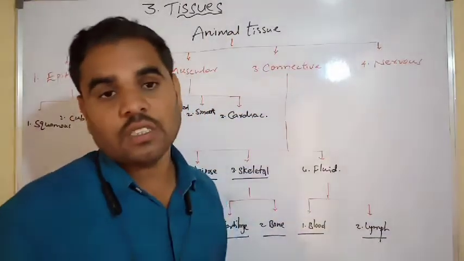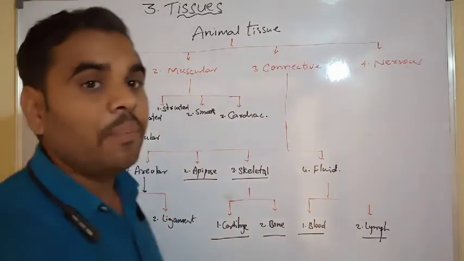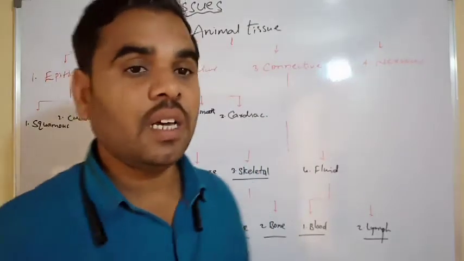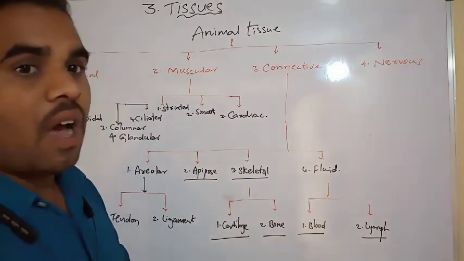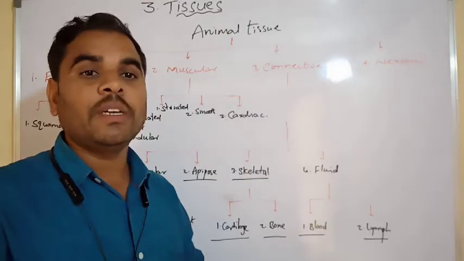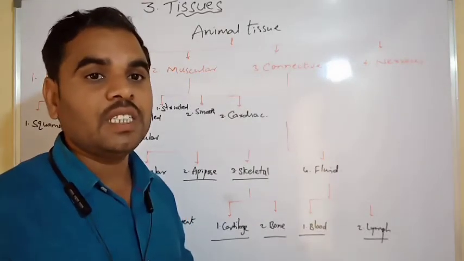Next, nervous tissue. The nervous system carries messages from one place to another. For example, when a mosquito bites our skin, we get a burning sensation.